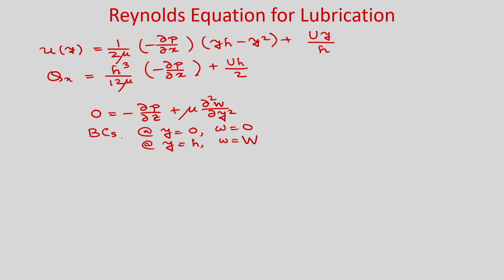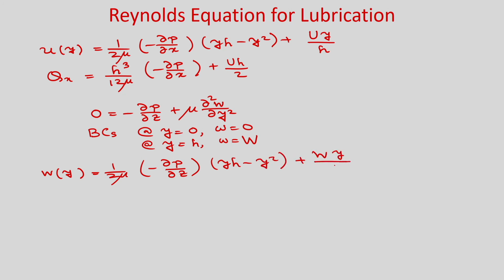So, now if you integrate and apply the boundary conditions, similarly you will get the velocity profile W(y) as 1 by 2 mu times minus del p by del z times y(h minus y), plus W y by h.